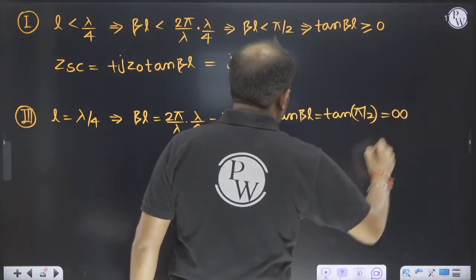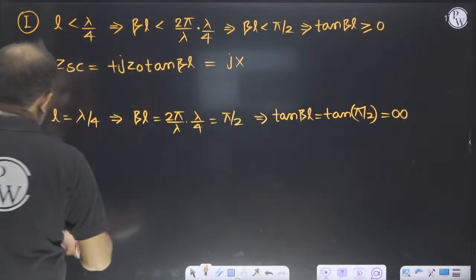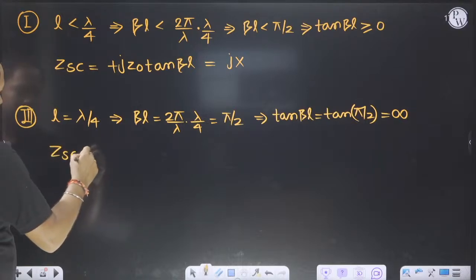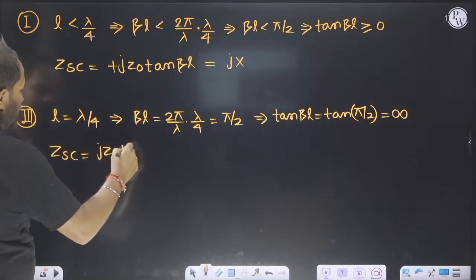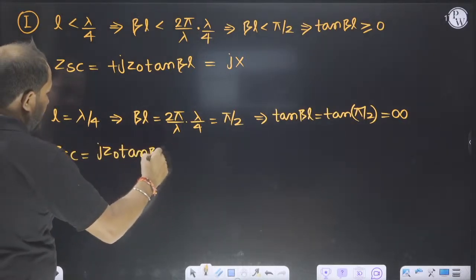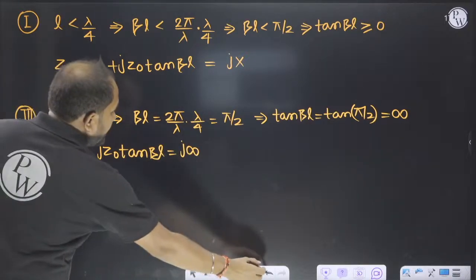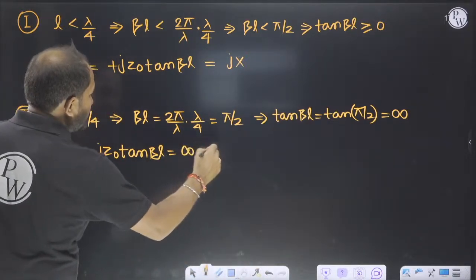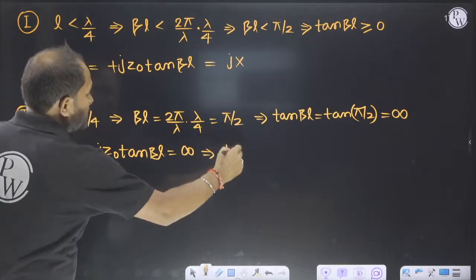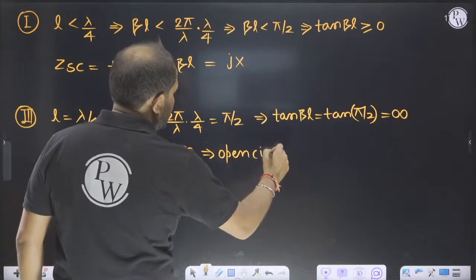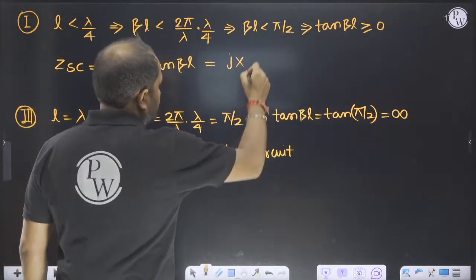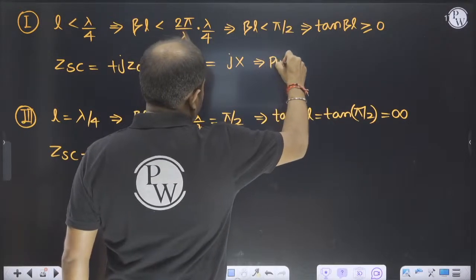Then we have the ZSC formula. ZSC is equal to jZ0 tan beta L, so it will be j infinite. That means infinite, open circuit. And this one is purely inductive.